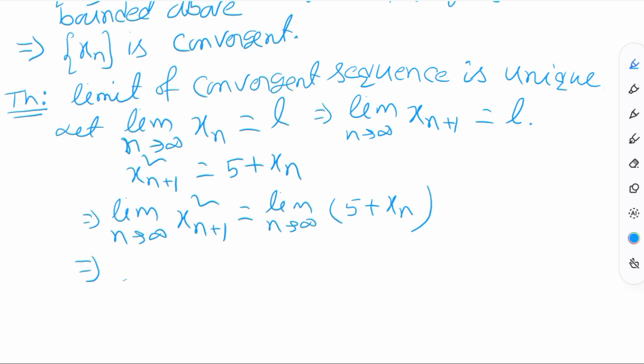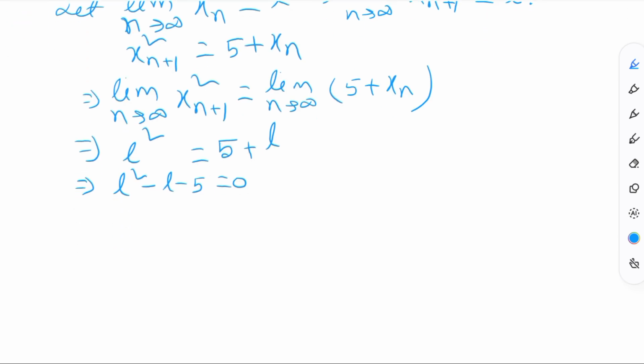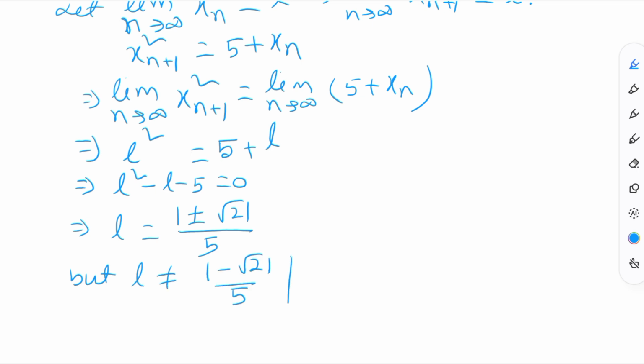So its limit is l square; the limit of a constant is itself, plus limit l. Now from this line you can find l square minus l minus 5 equal to 0. Students, I already discussed what the roots are. So l equal to 1 plus minus root 21 by 5, but l not equal to 1 minus root 21 by 5. Why, students?